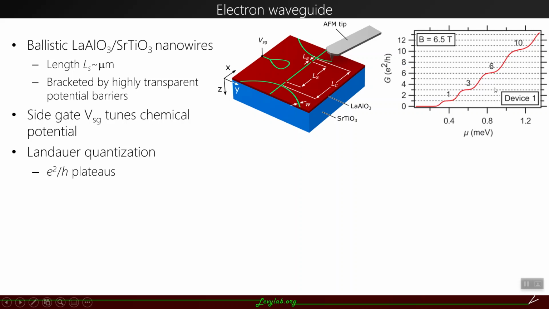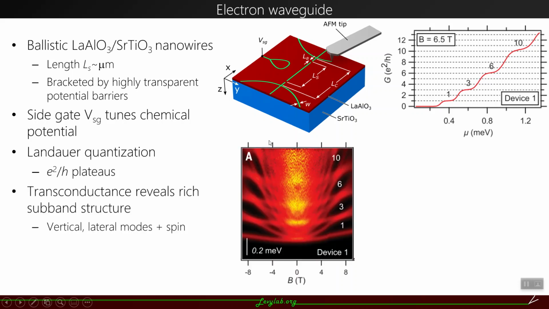quantized as a function of chemical potential and exhibits conductance plateaus at integer values of e squared over h. To better observe the evolution of conductance, we can look at the transconductance data by taking the derivative of conductance with respect to chemical potential.